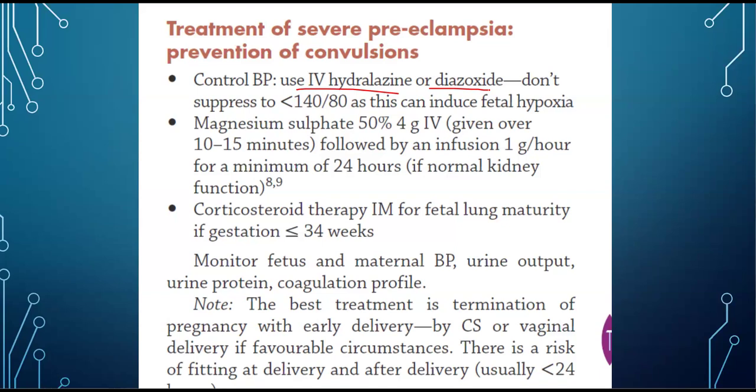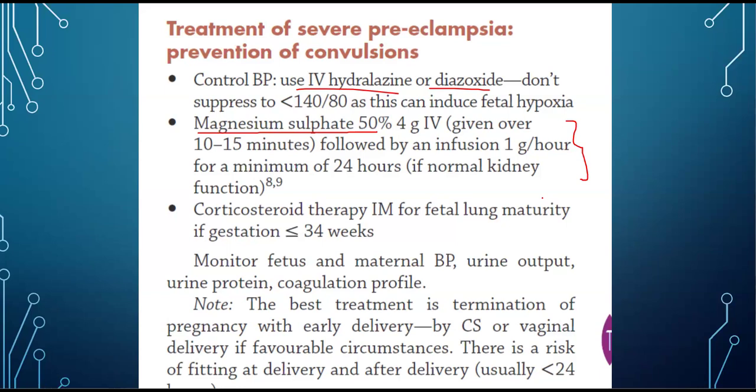Those are the three common medications used as an IV to bring down the blood pressure in severe preeclampsia. They will also use magnesium sulfate, which can prevent eclampsia, or convulsion.